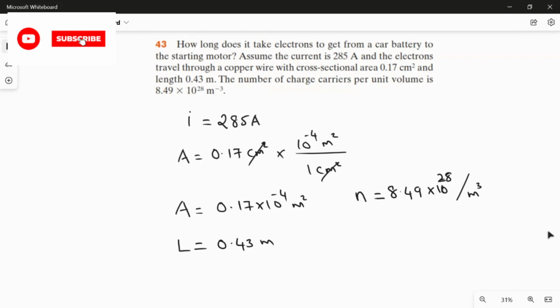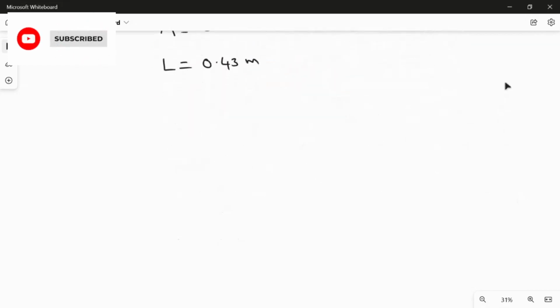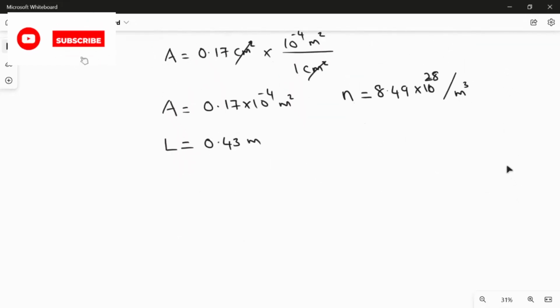So now we are going to calculate the time. For that, I'm going to use the basic equation for the speed. As we already studied in physics 1, the speed is equal to the distance divided by time. Here the speed refers to the speed of the electron, so we have to modify this speed in terms of v suffix d, which is the drift speed.